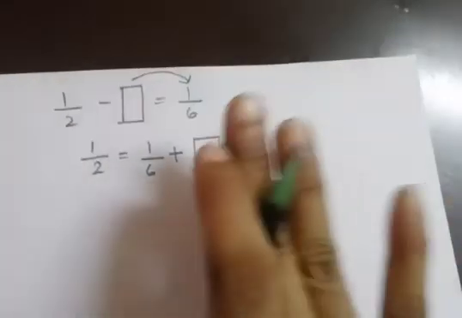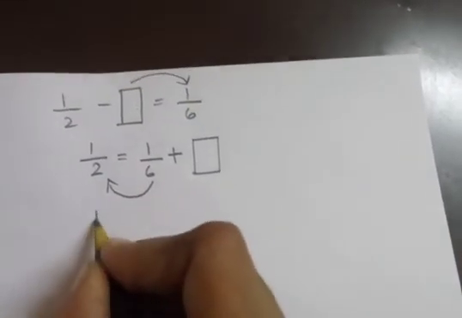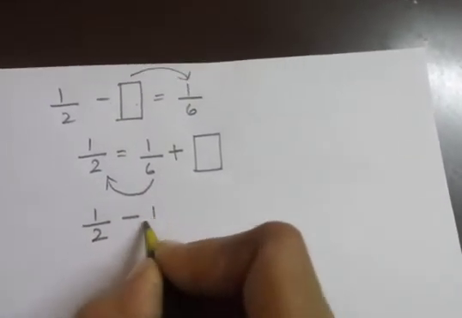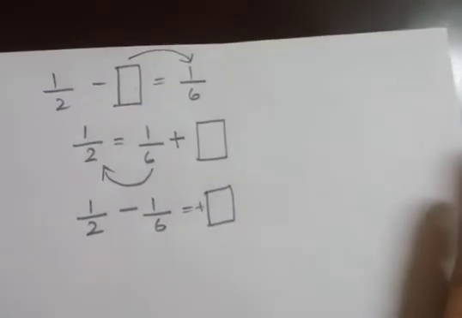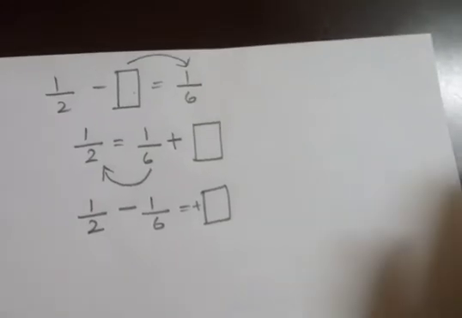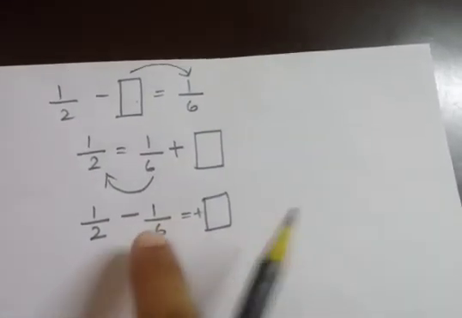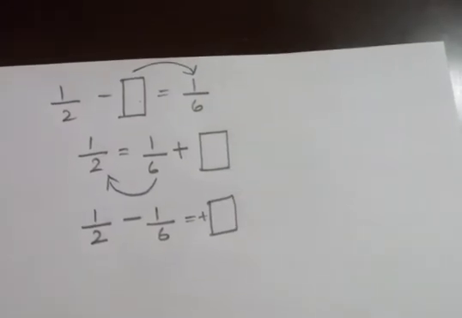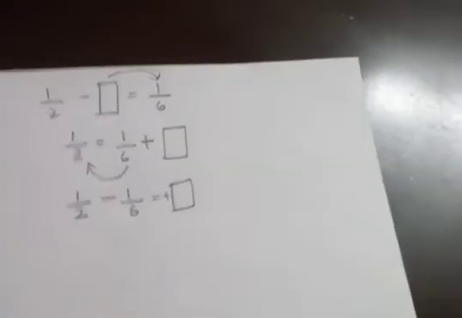But I want only the box. So shall I bring this 1 by 6 towards next side? 1 by 2 minus 1 by 6 is equal to plus box. Plus box and box are both same. I want only the box, so I am bringing this plus 1 by 6 towards next side, so it becomes minus 1 by 6. Now as usual, LCM.